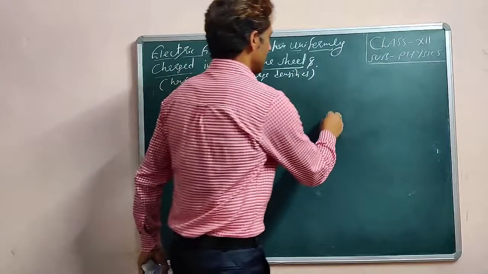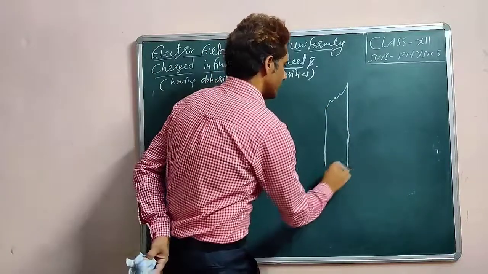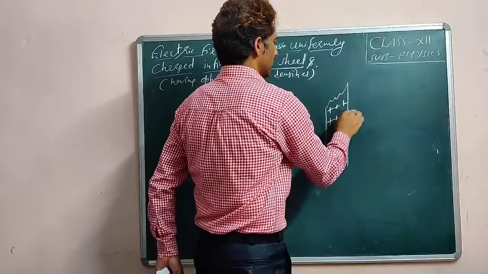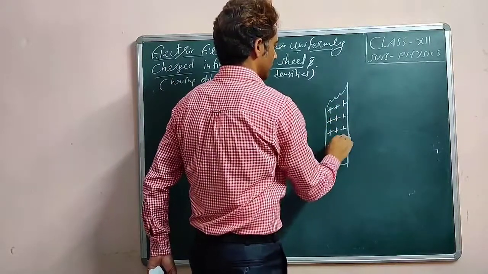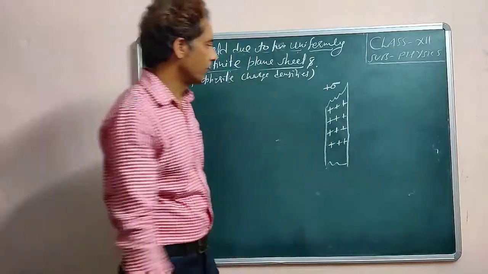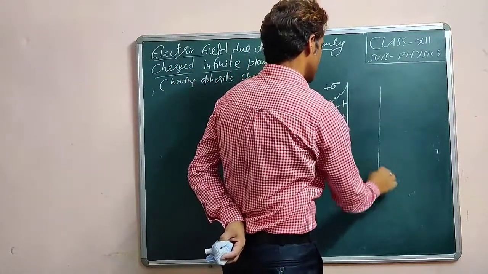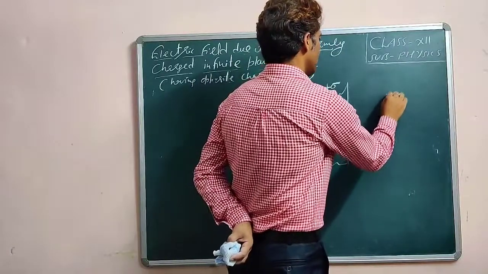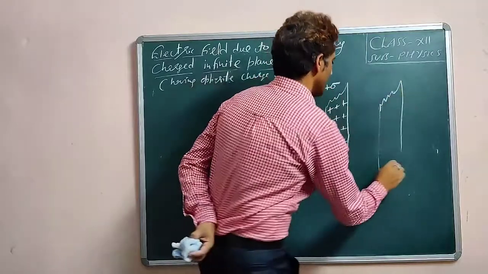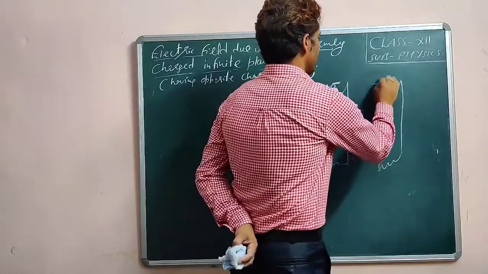So I consider two sheets. Let one be positively charged, with surface charge density plus sigma. This is another sheet, and let its surface charge density be minus sigma.